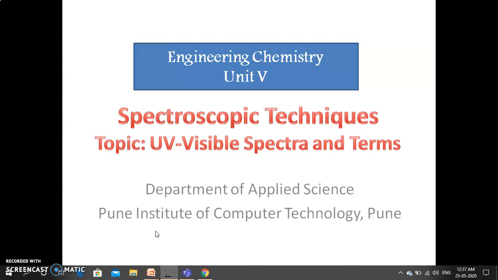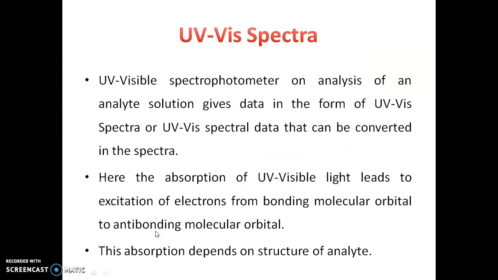Now, whenever the sample absorbs the UV visible radiation and carries out the electronic transition, the data of absorption obtained with respect to the wavelength is formulated in the form of a graph.